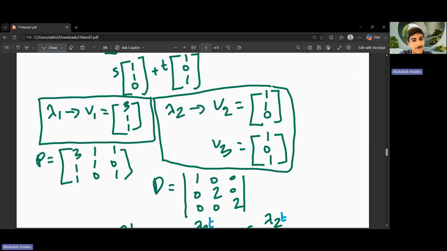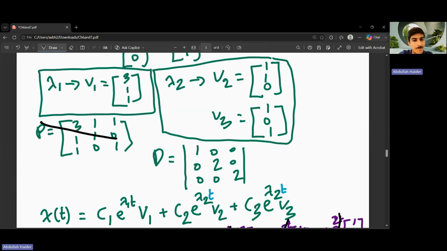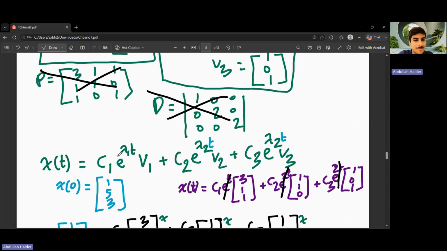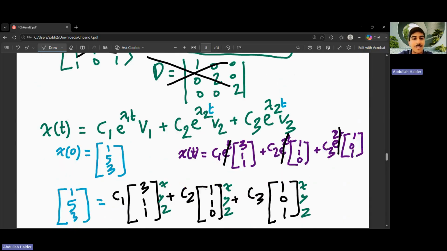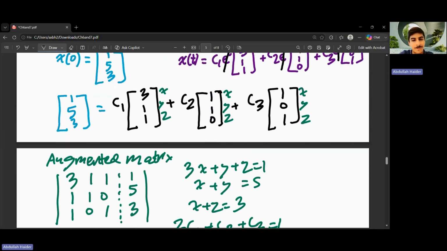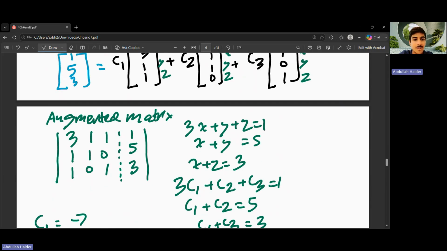Once you reach this step, you don't have to find P and D in this question. I was just explaining, and your solution will be in the form of x of t is equals to c1 e power lambda 1 t v1 plus c2 e power lambda 2 t v2 plus c3 e power lambda 2 t v3. Substitute everything, and you have another system of equations to solve.